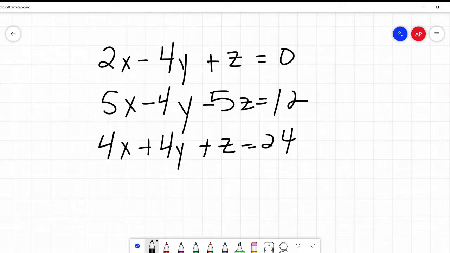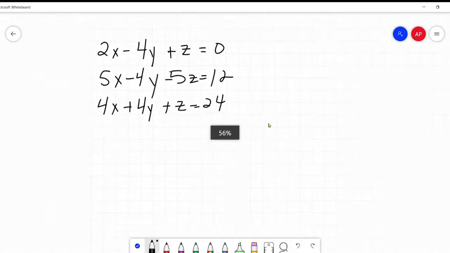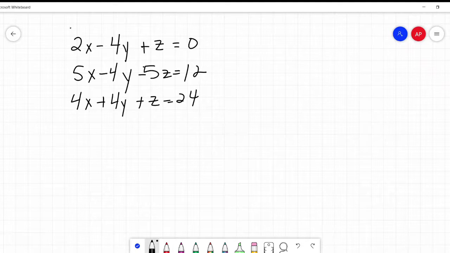Okay, so we have our 3 equations. They usually will have a little bracket like this to show they're all a system of equations. So here is the methodology of this. You're going to pick any 2 equations you want. It's totally up to you. There's no right or wrong.